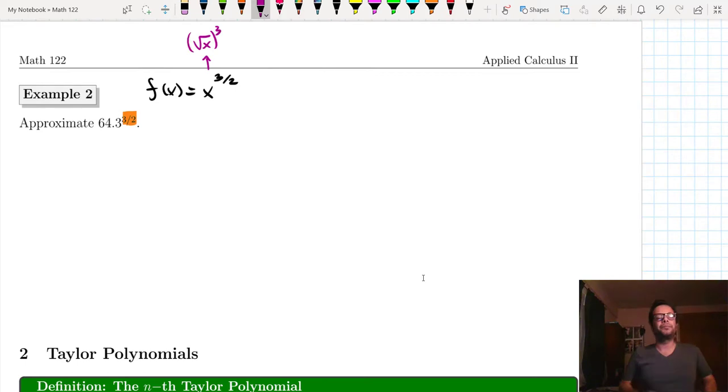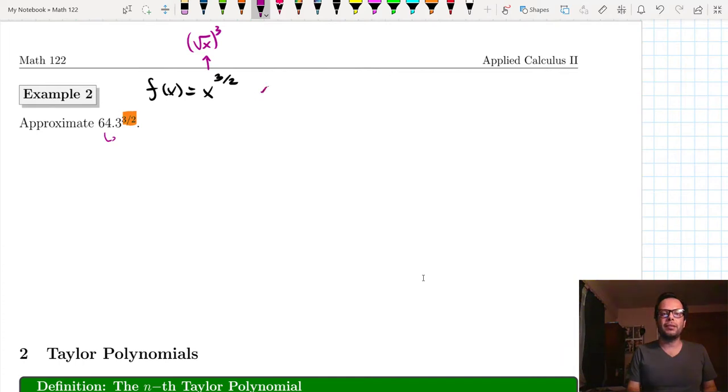So we would be looking for a number close to 64.3 that has a perfect square to do our linear approximation around that point. And if you're guessing what would be a good number, yes indeed, it would be 64.